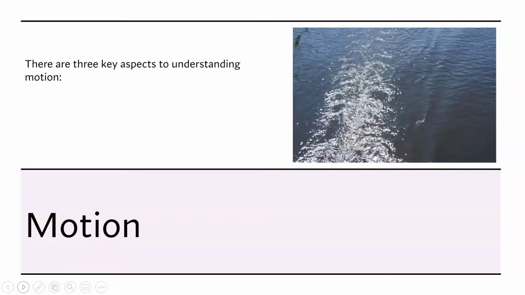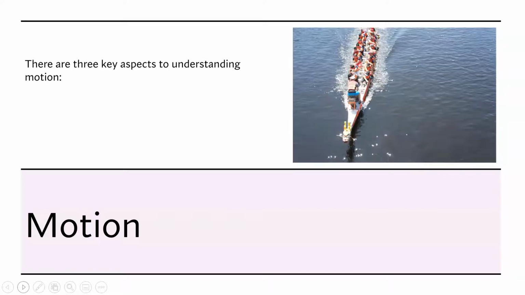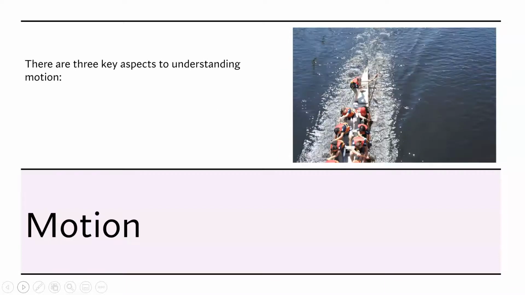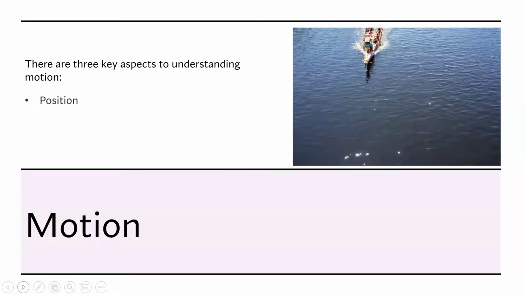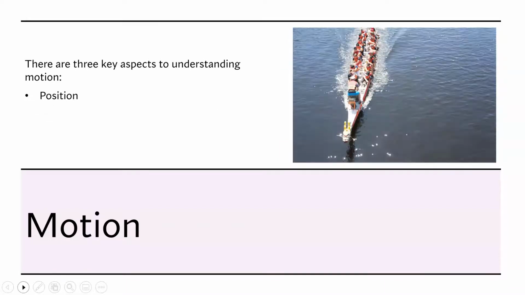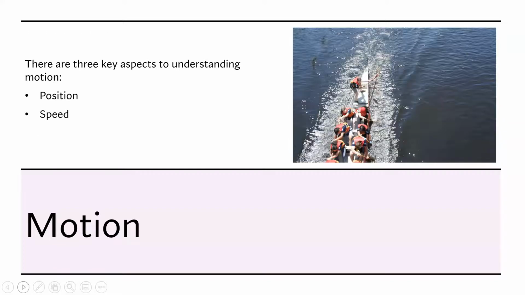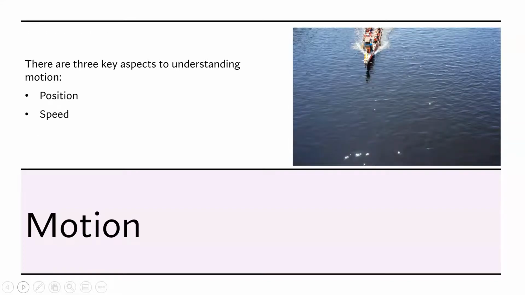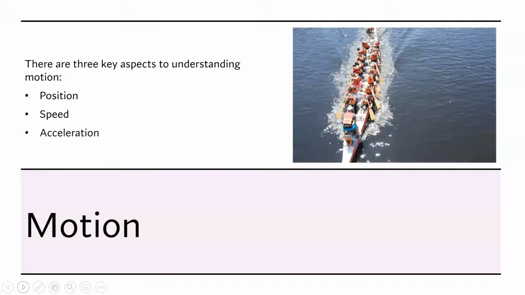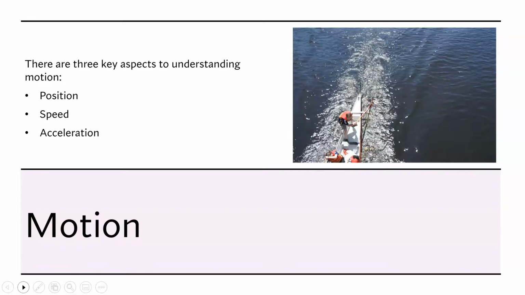So in terms of motion, we have these 3 factors that play a part in how we can describe motion. Position, speed and acceleration, and we're going to look at each of these in a little more depth.